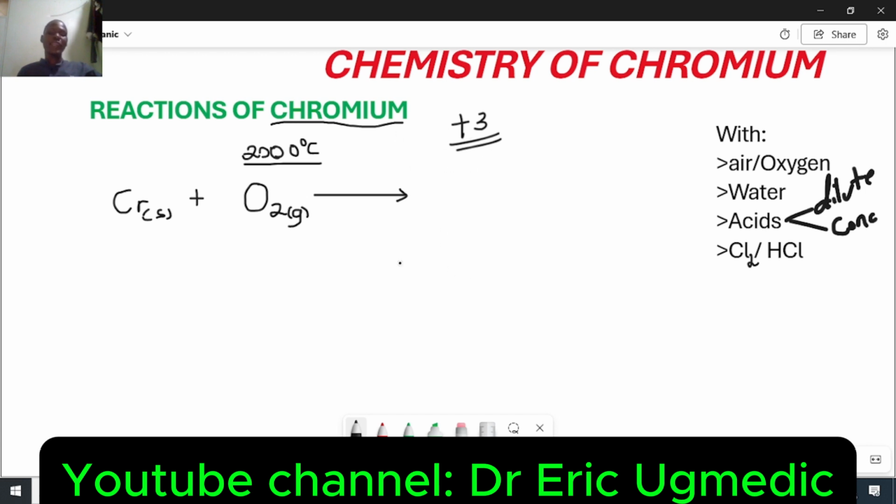I'm assuming that someone didn't know how to write the chromium 3 oxide. So how shall I write this? I know that my chromium will be in oxidation state 3, and then my oxygen will be in oxidation state 2. So how will I balance these charges?